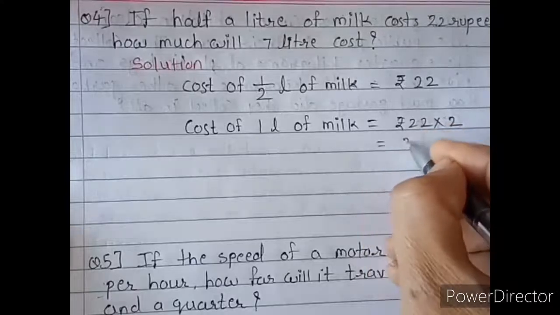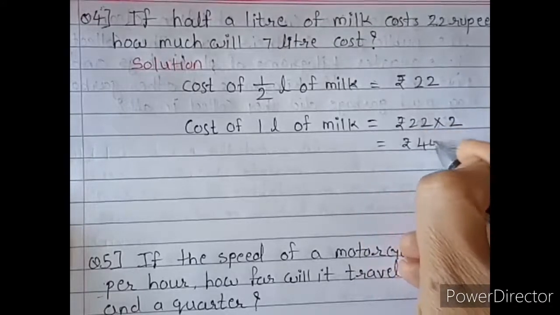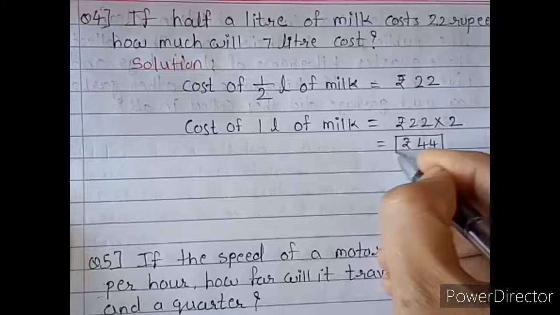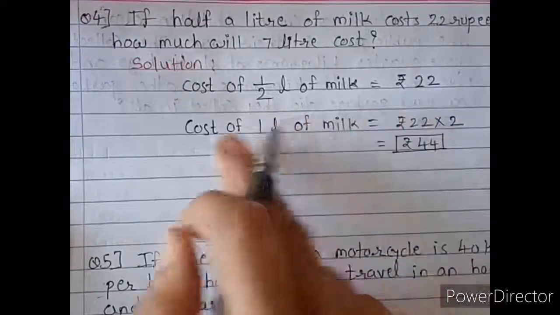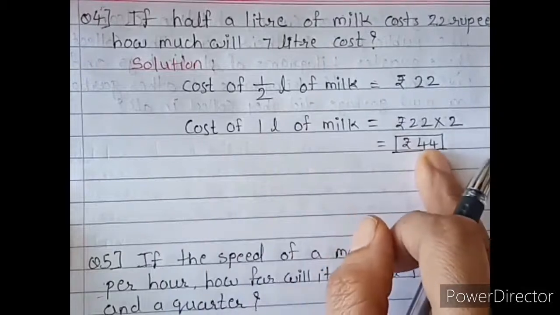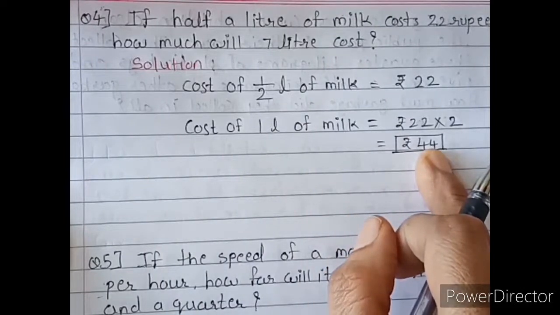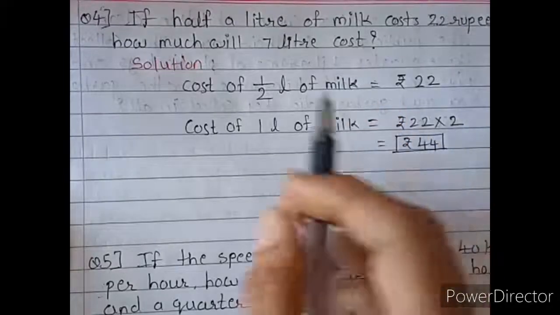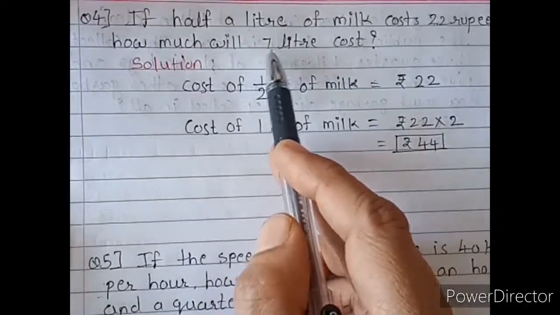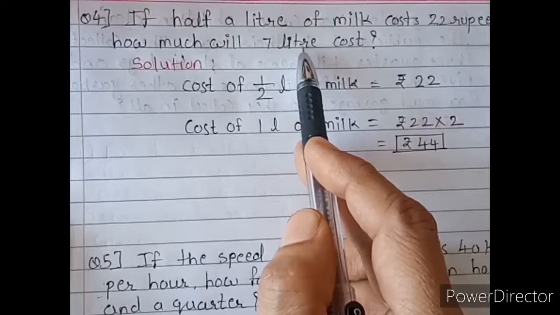So we get rupees 44. So what is the cost of 1 liter of milk? 44 rupees. So here we got the cost of 1 unit. Now we have to find out the cost of many units. So we have to find out the cost of 7 liter of milk.